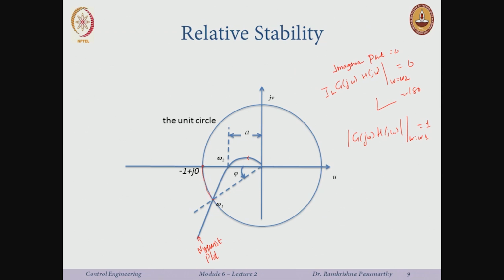Then if I add say some angle of phi in this direction, then I hit the point minus 1 plus j 0. Okay. So, once I hit the point, well, then I am on the verge of instability. So, there are two things, the distance or how far is this A from here, and second also how far is this angle from being minus 180 degrees, right. So, these two will quantify this A, and phi will give us some measures of relative stability.